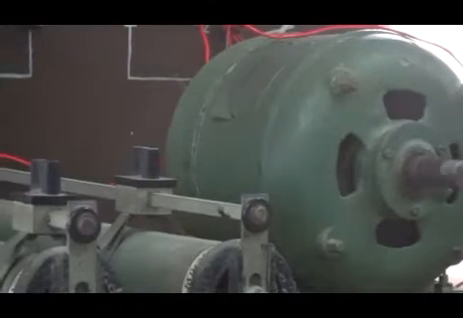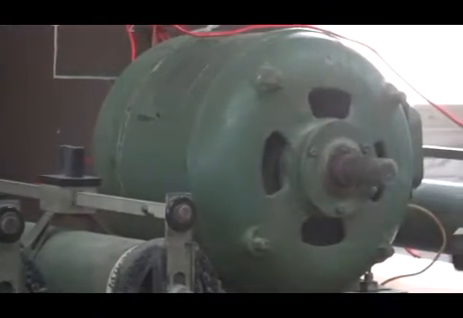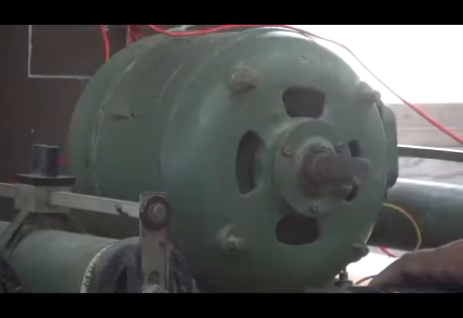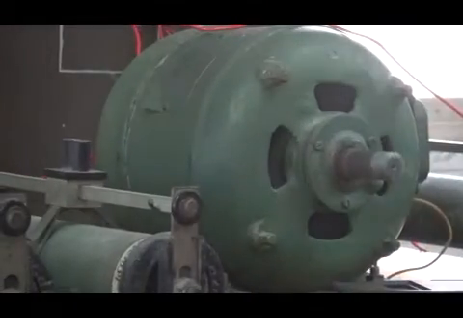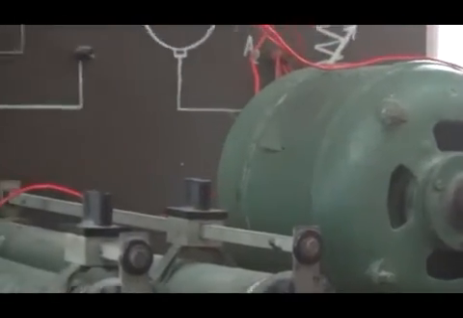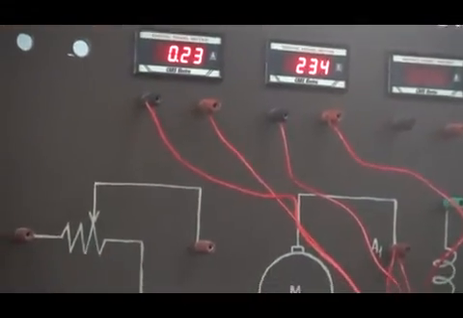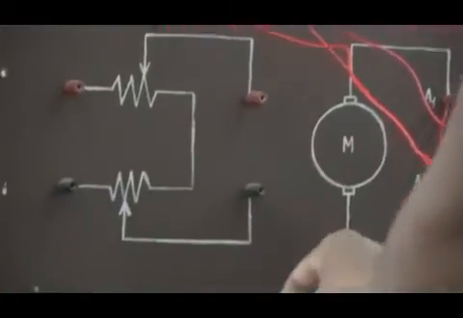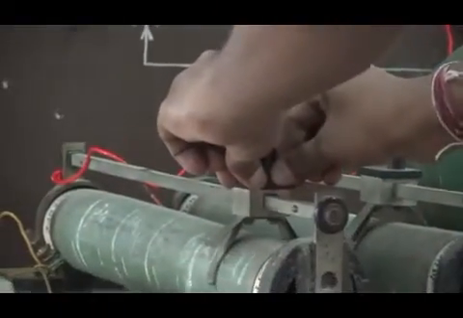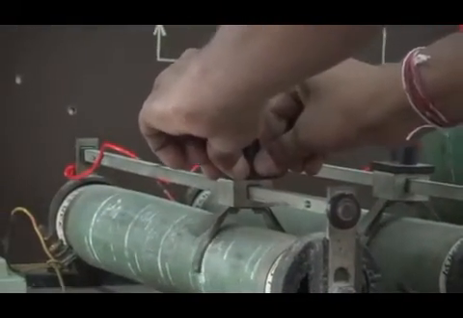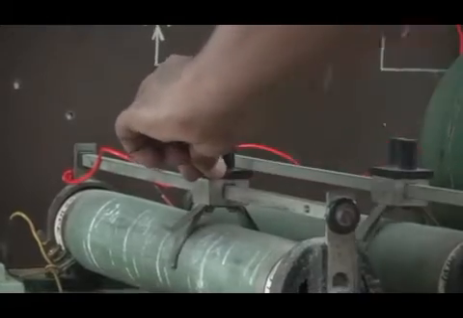With further adjustment, we have changed the settings of the resistance, and now we are getting the voltage to be around 232 volt. With the change in rheostat, we can see the voltmeter reading gradually decreasing.